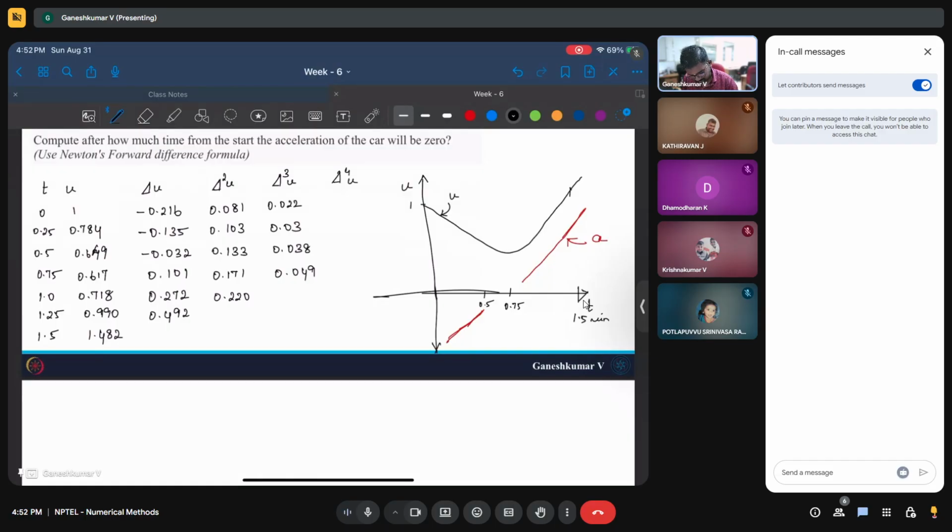Del 4u, this is 0.008, this is also 0.008, this is 0.011.